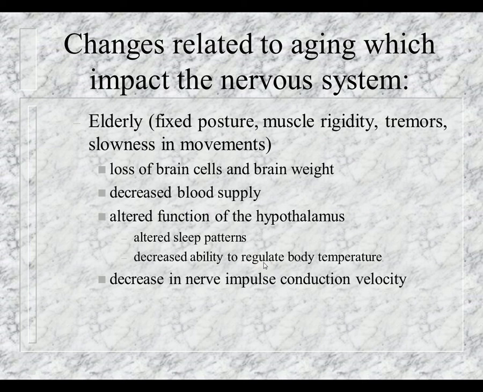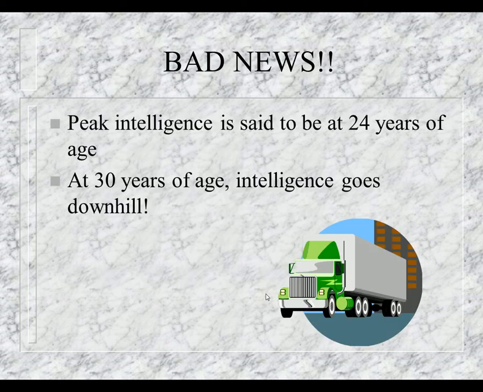That's why they stay cold all the time and get cold easier. And decrease in nerve impulse conduction. That's both in sensory and motor conduction, so they don't get around as fast as they used to. Bad news, they say peak intelligence is said to be at about 24 years of age, and at age 30 you start going downhill.